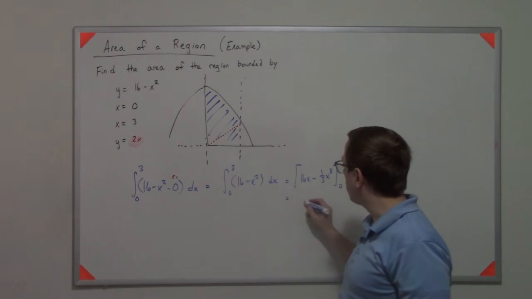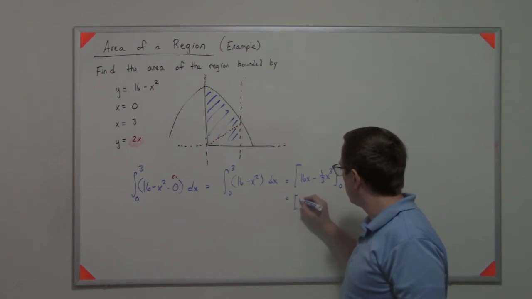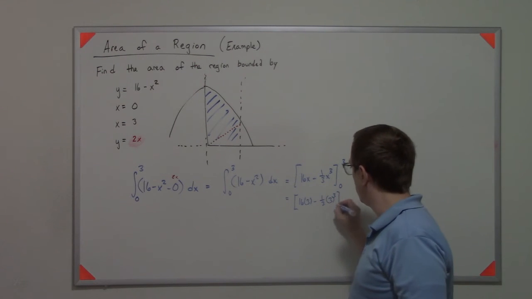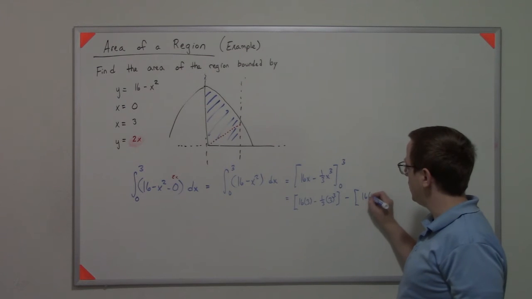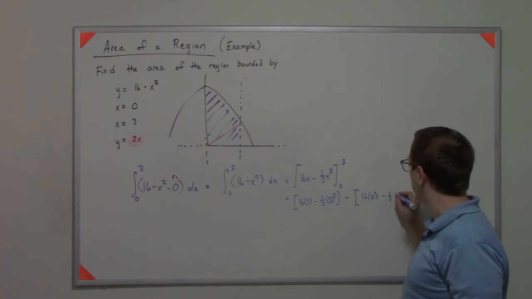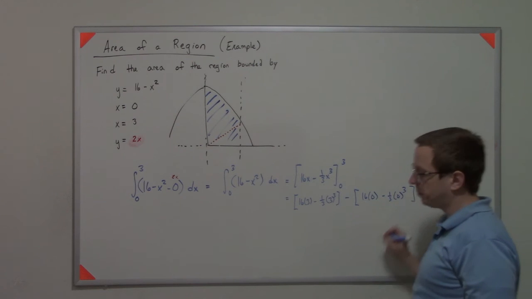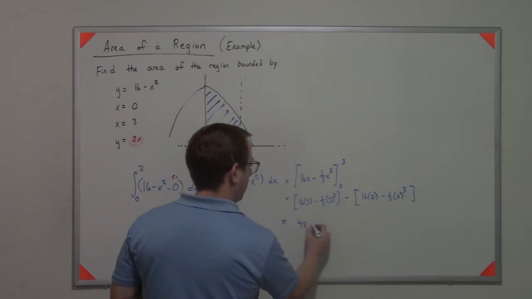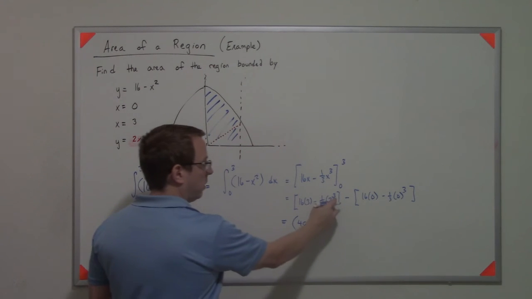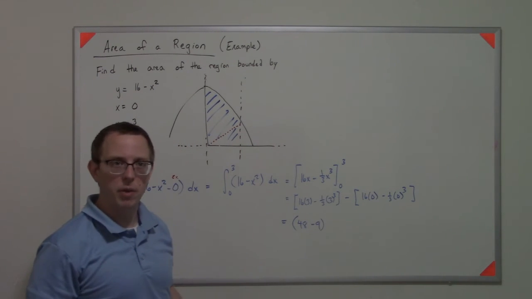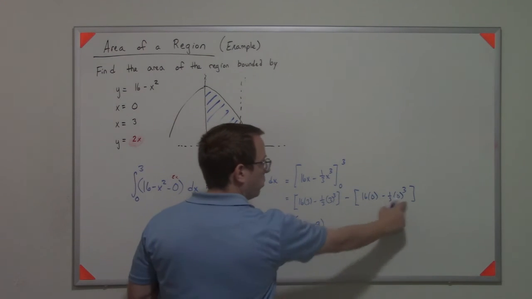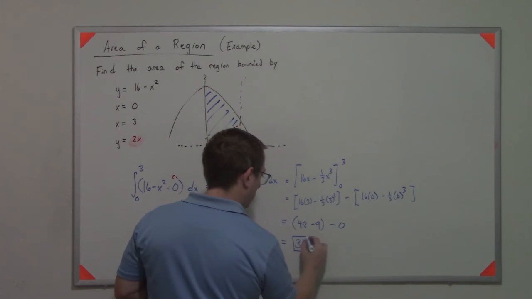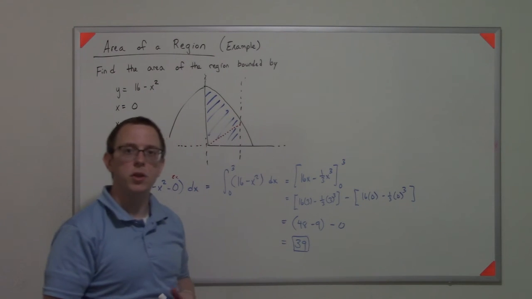So then I plug in 3, I get 16 times 3 minus 1/3 times 3 cubed, minus 16 times 0 minus 1/3 times 0 cubed. From there, that's 48 minus 9, because 3 cubed is 27, divided by 3 is 9. And then those are just 0. So it looks like the area is 39.